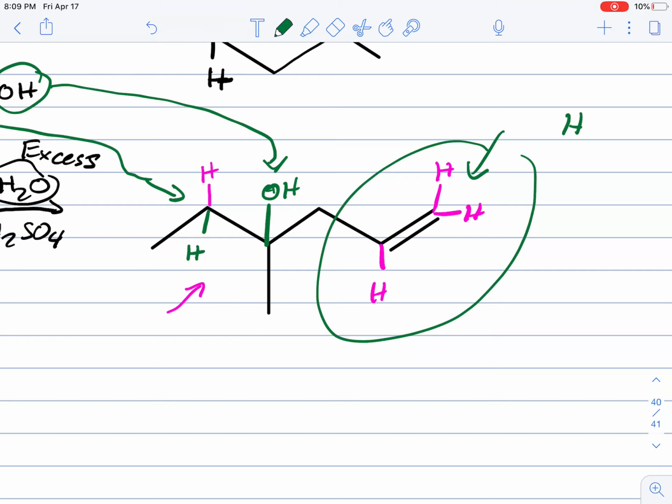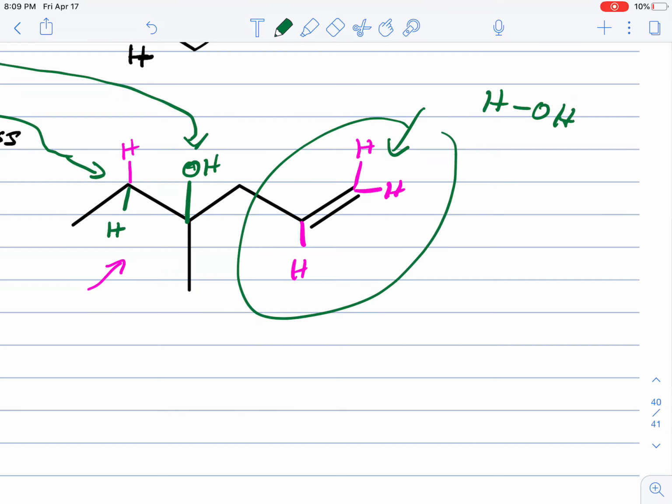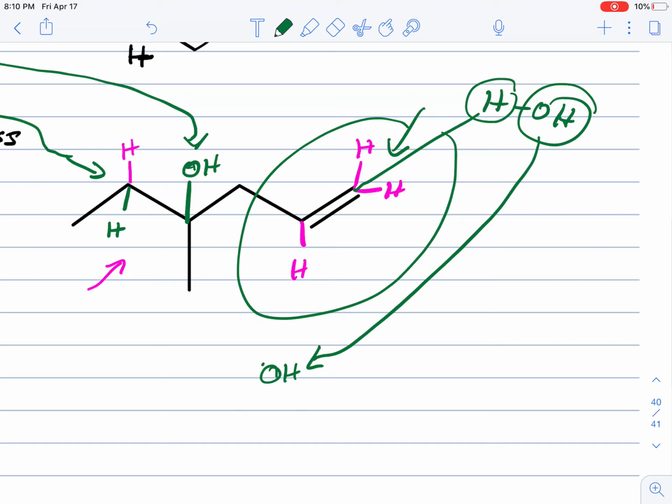And so if I have another water molecule and I'm trying to perform a hydration on this double bond, I'm going to take this hydrogen and connect it to the carbon that's on the right since it has more hydrogens. And last but not least, I'm going to go ahead and connect that OH to the carbon that has the least number of hydrogens.